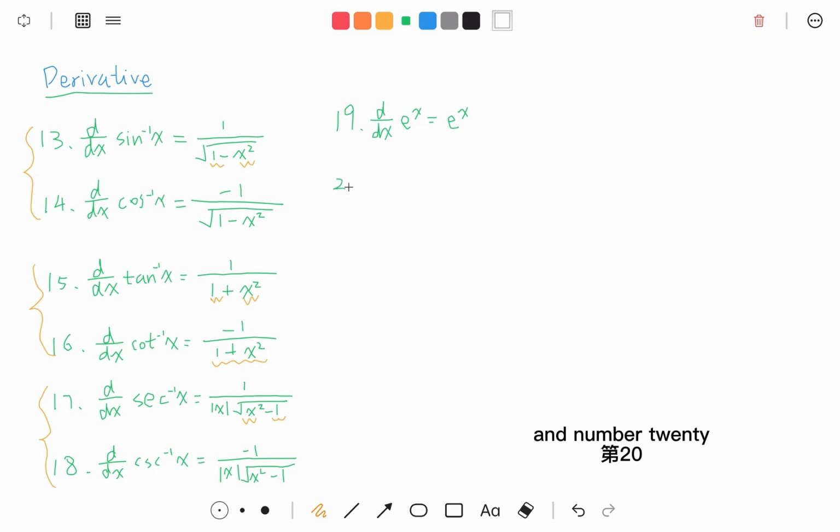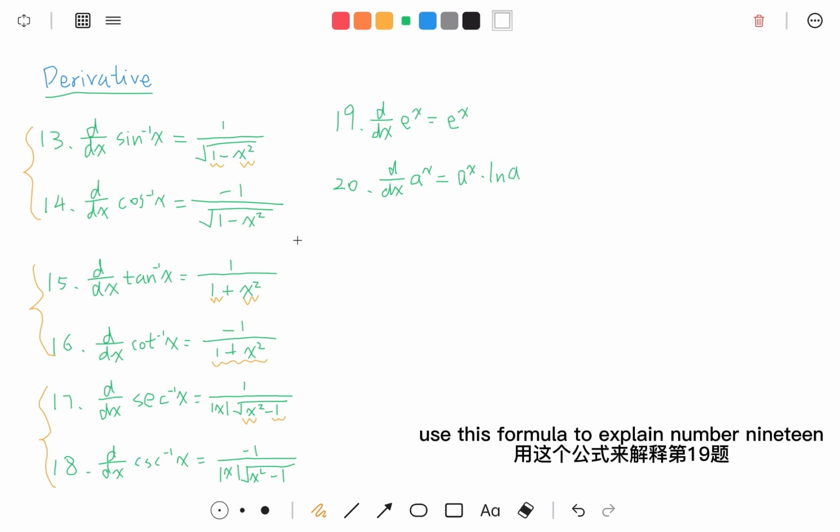And number 20, d/dx a to the x is equal to a to the x times ln a. a is a constant here, and we could now use this formula to explain number 19.